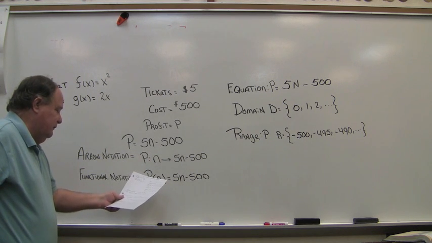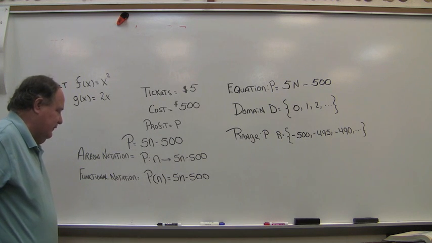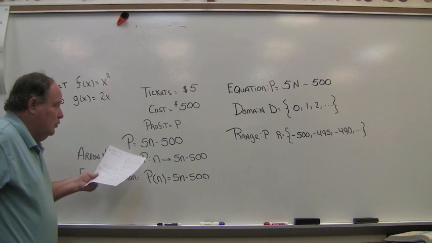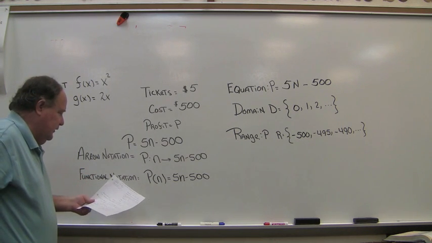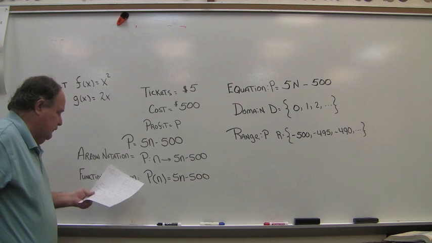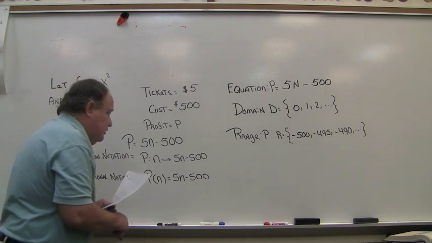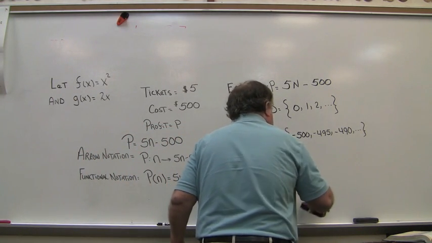Or the value of P at N is 5N minus 500. Now, this is how we convert an equation into functions and show that they're functions. But what does this have to do in real life in working out problems? Let's look at example 1.